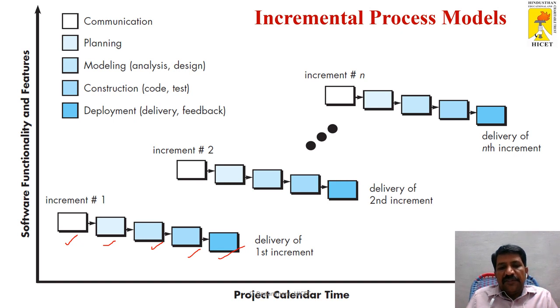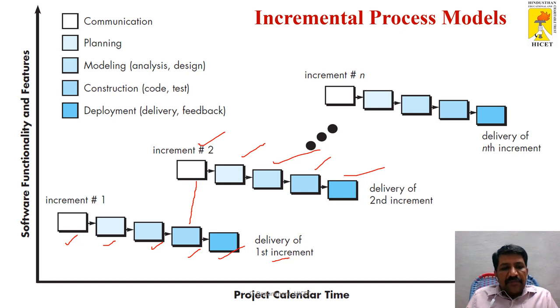Then delivery of the first increment. Meanwhile, you start the second increment in parallel to the construction phase. So while doing the construction phase of the first increment, you start the second increment. Here again the communication, planning, modeling, construction, deployment. So here the increments will be done parallelly. So it is called a parallel and sequential process model.